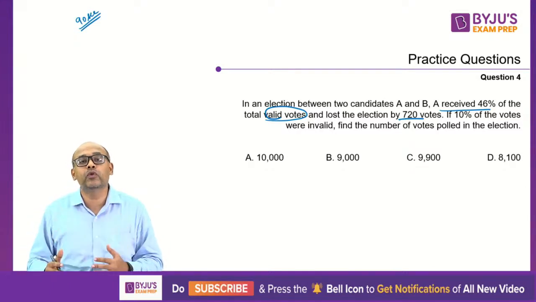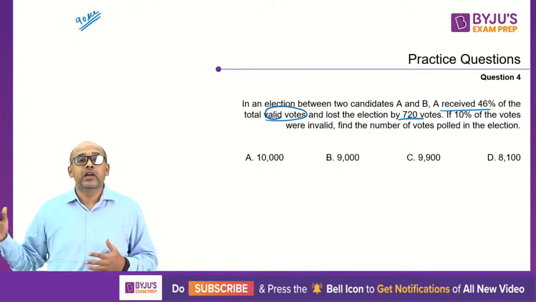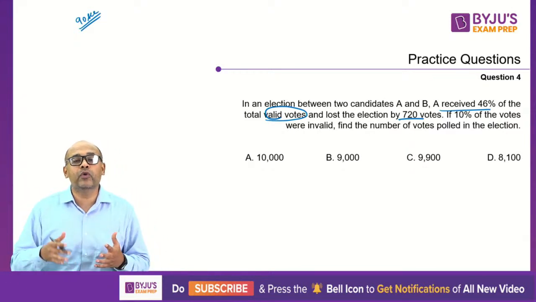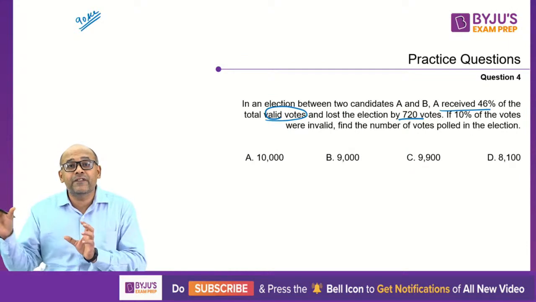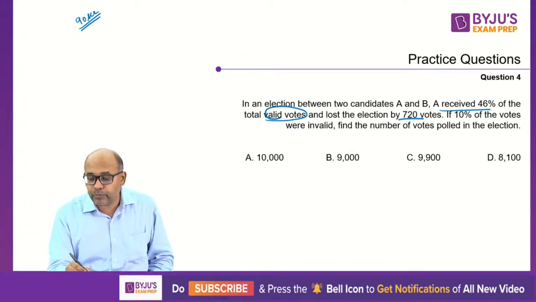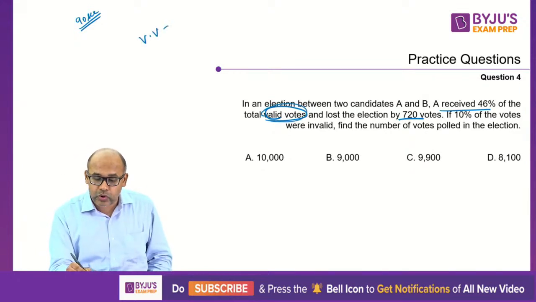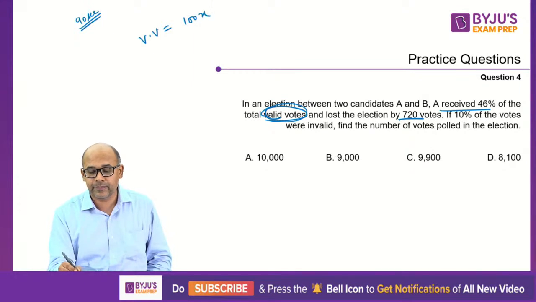So I lost, so he won. So losing by some votes or winning by some votes means the difference between what we got. So let us say that total polled votes or total valid votes. So let us say valid votes totally are 100x.